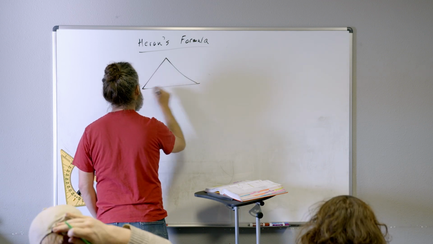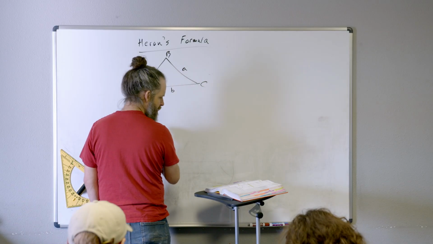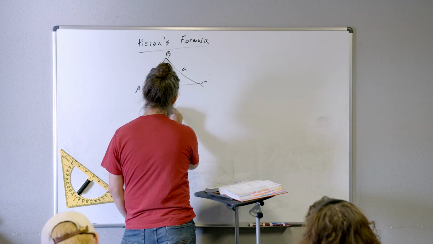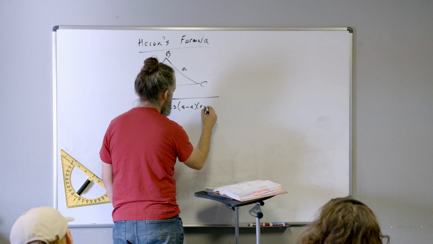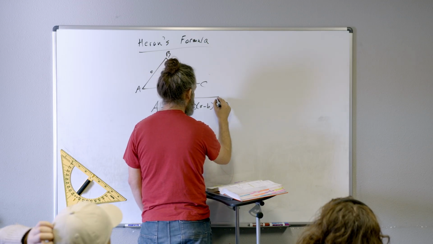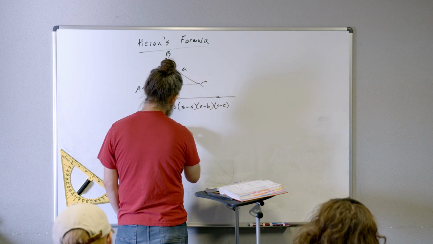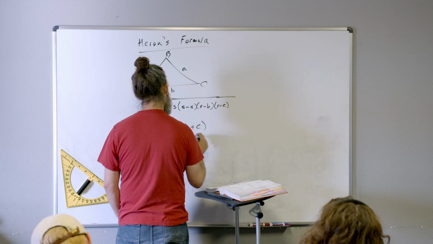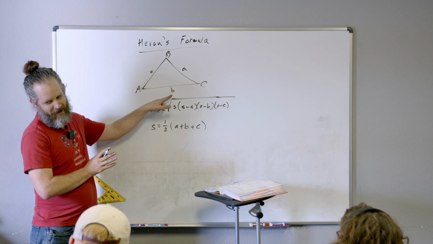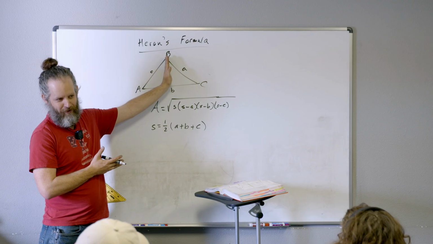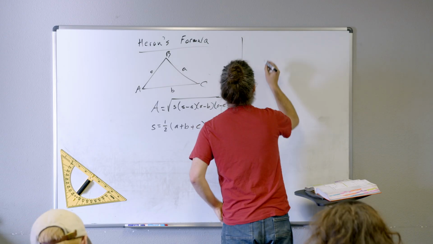Says if we have triangle A, B, C, you can find the area by taking the square root of S times S minus A times S minus B times S minus C, where S is 1/2 of A plus B plus C. So Heron's formula lets us, if we have only the sides of a triangle, do it without the height like the old school formula.